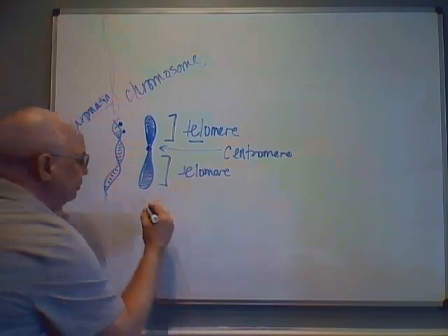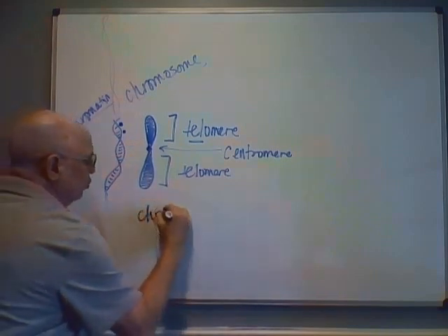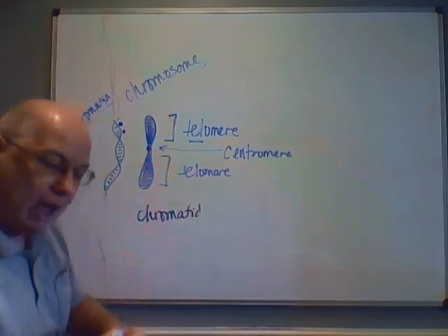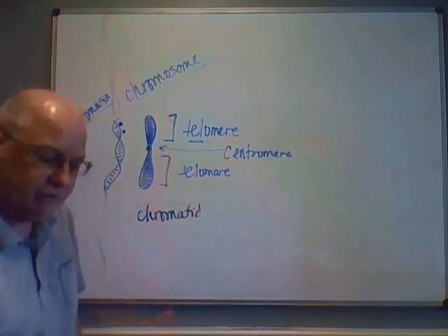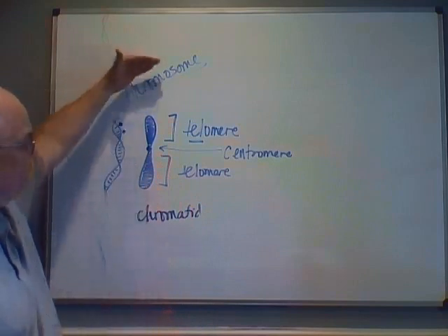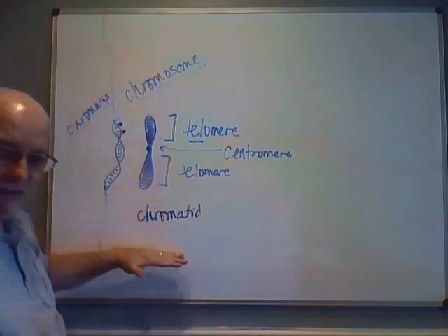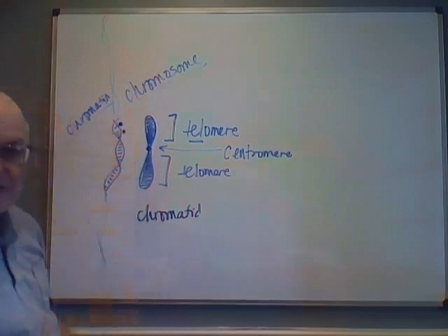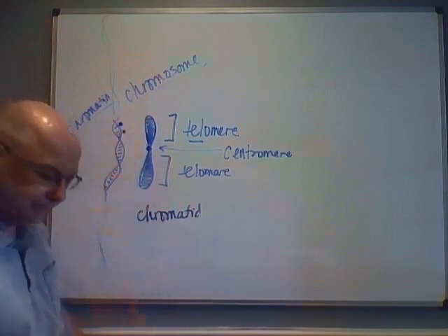So there's some confusing terminology here, but a chromatid is this entire piece. At one stage in the cell's life cycle, every chromosome is made up of a single chromatid that has two telomeres connected at a centrally located centromere.